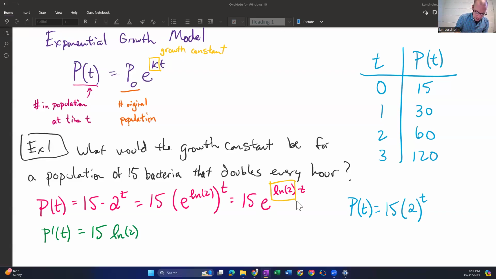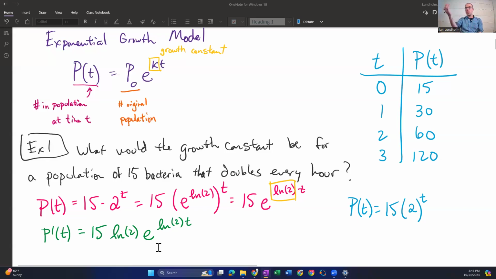We've got e to the ln of 2t. And so, yeah, that's the chain rule. I guess I wrote the derivative of the inside part first. And then I wrote the derivative of the outside part here. So, I don't know. That's all good.